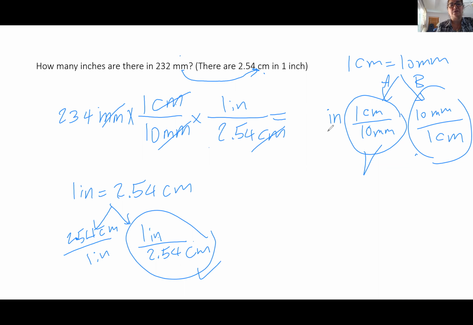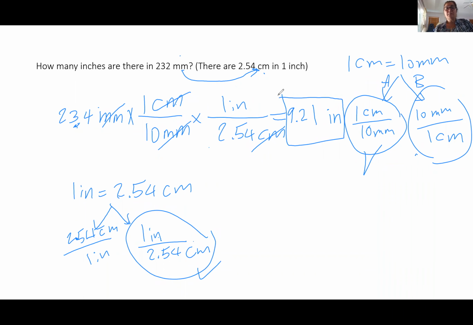We want the inches. We have these numbers, so it's going to be basically 234 divided by 10, which is 23.4, then 23.4 divided by 2.54, and that is 9.21259. I'm not using all the digits. I'm using only the allowed number of significant figures, and the allowed number of significant figures is 3 in this case.